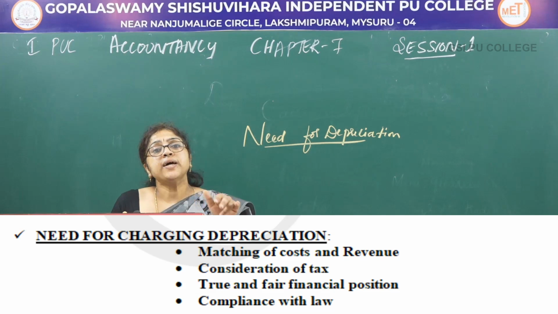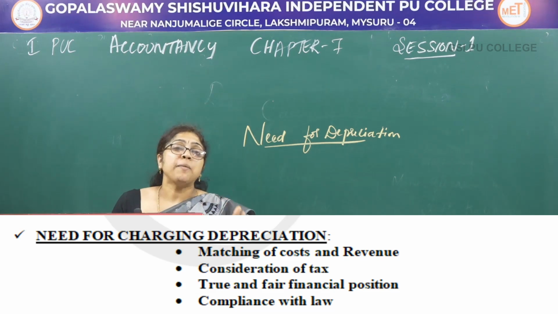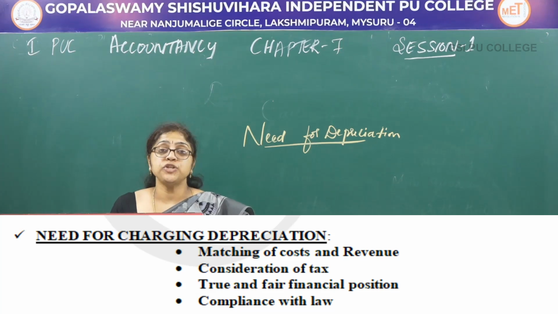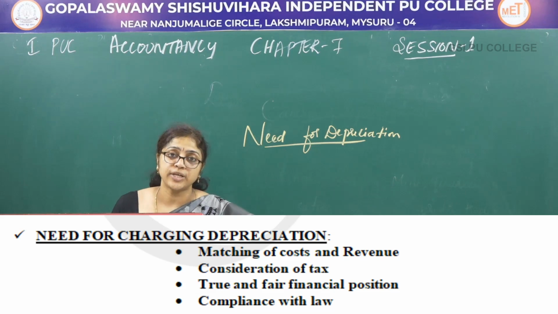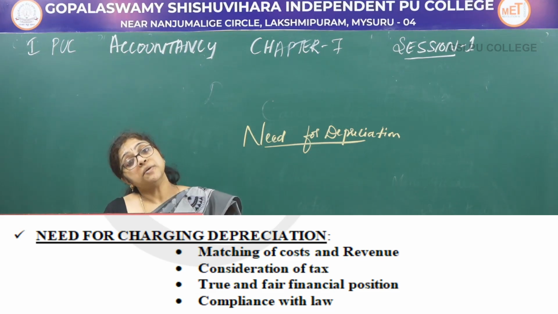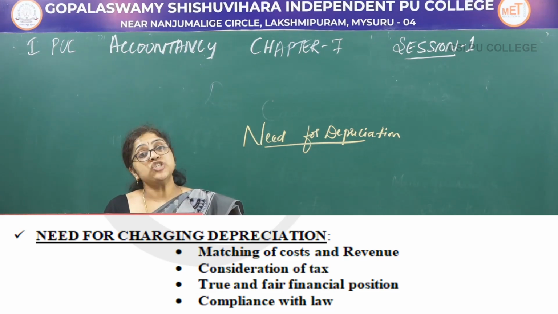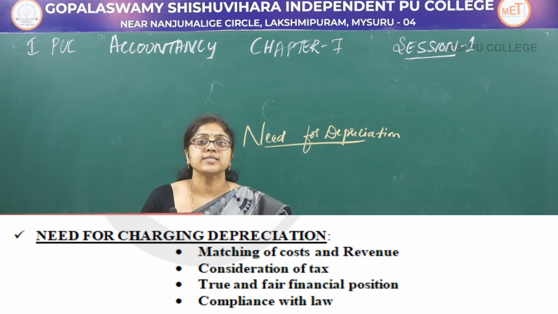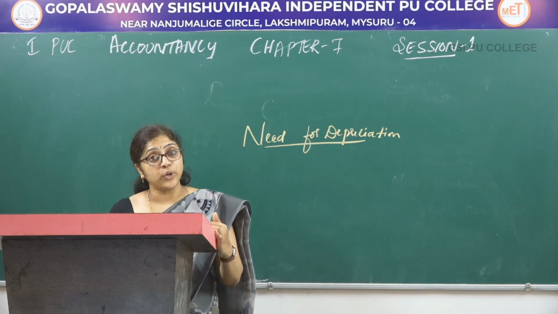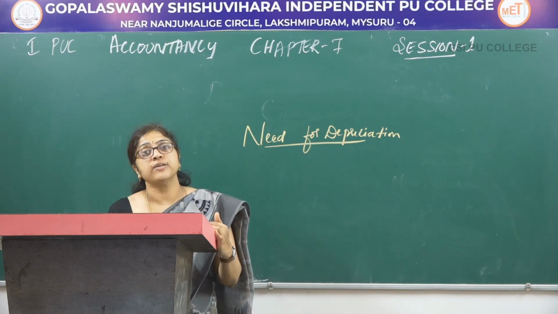Next one, compliance with law. It is compulsory to provide for depreciation on fixed assets in use before distributing dividends to shareholders. That means depreciation has to be charged to satisfy legal requirements. Next one, ascertaining accurate cost of production.